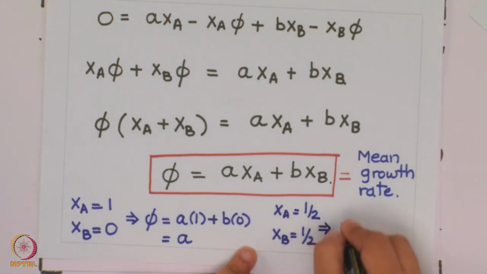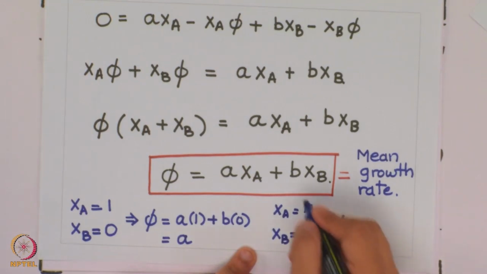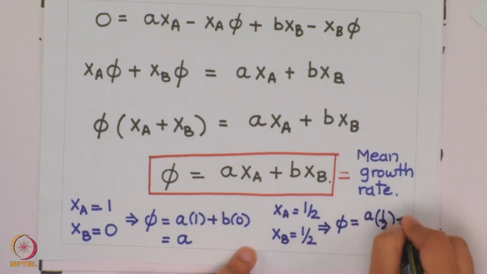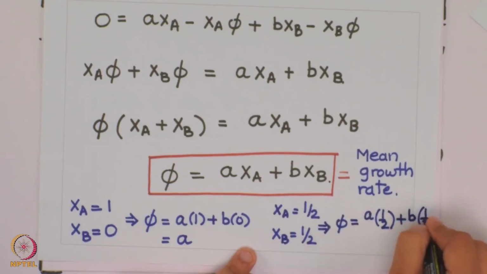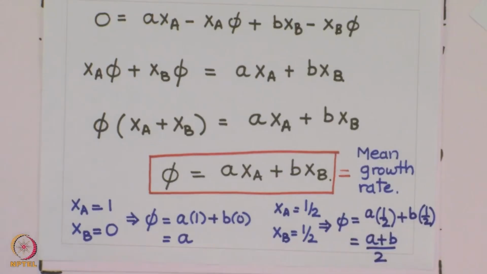Intuition tells us that the growth rate should be the average of the two growth rates a and b, and if we plug the values in this relationship, we get a into half plus b into half, which is just equal to (a plus b) by 2. Again, this goes to illustrate that phi has a very real biological meaning, which is the mean growth rate of the culture when the culture is existing at frequencies or fractions xa and xb.